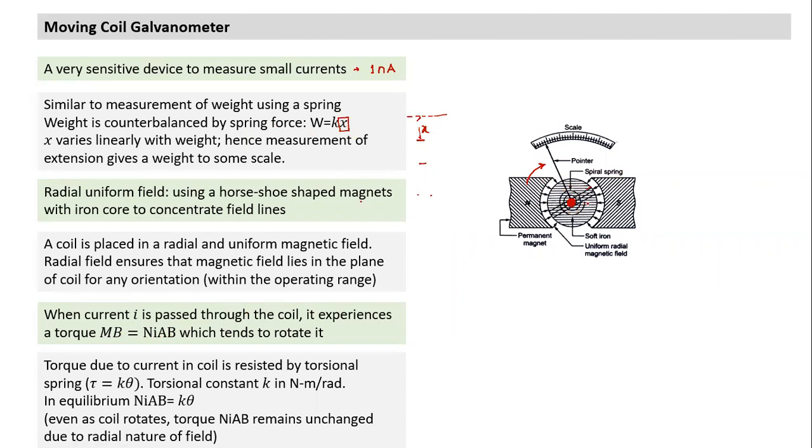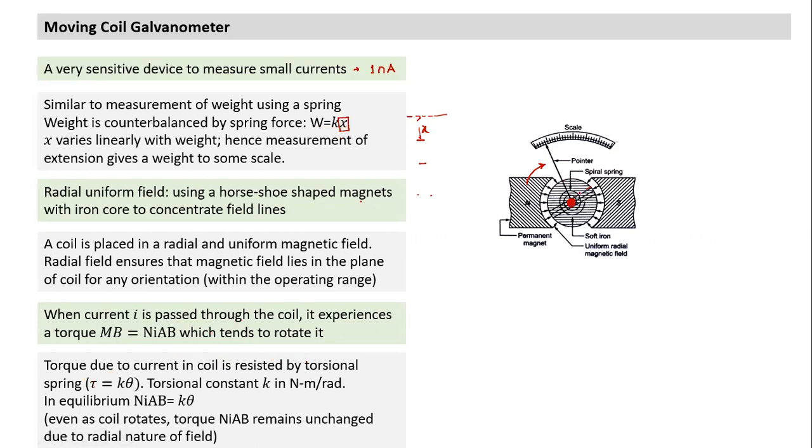A torsional spring has some properties similar to a normal spring and some which are different. A normal spring offers a resisting force which is proportional to linear displacement. A torsional spring offers resistance to rotation.